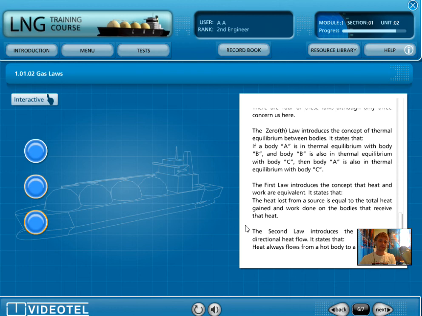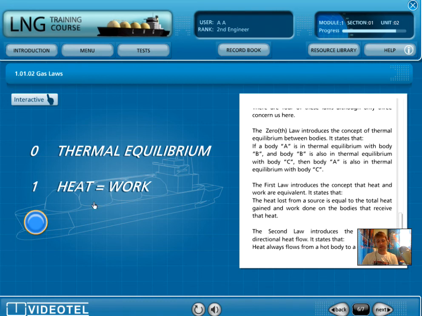That is true. Let's see these interactive buttons together. Thermal equilibrium, heat equals work, and hot always transfers heat to cold.